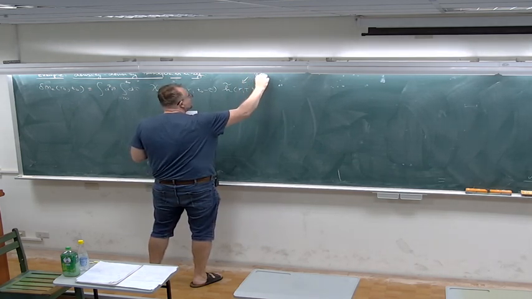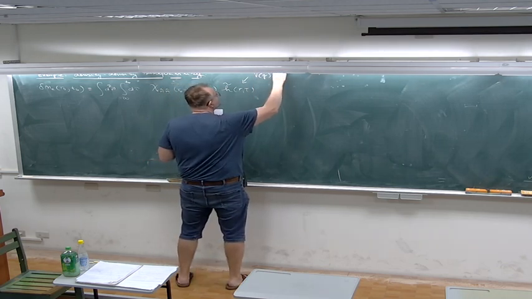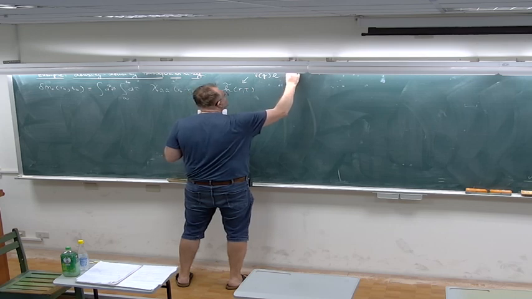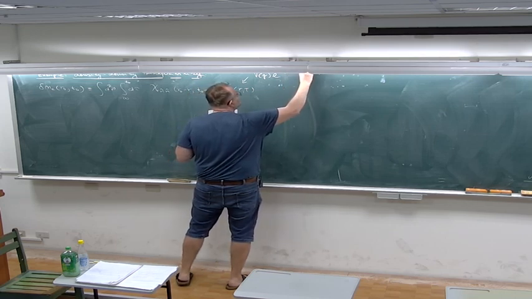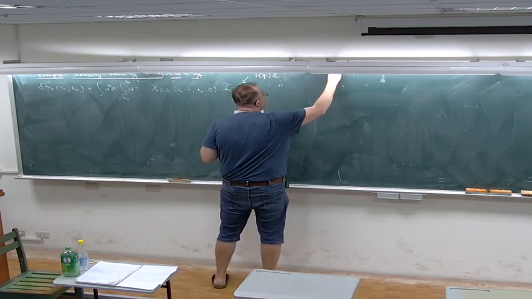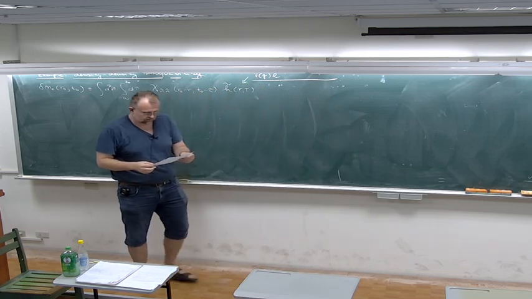It was V as a function of Q, times A e to the power of i Q R minus i omega tau, and then we added this delta tau. So this is the form of this function, right? I hope I didn't forget anything.